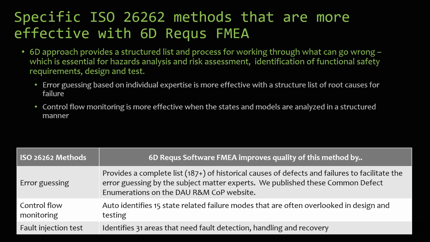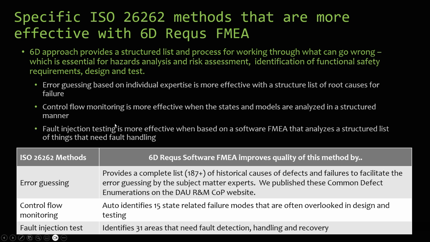Control flow monitoring is more effective when the states and models are analyzed in a structured fashion. And fault injection testing is more effective when based on a software FMEA that analyzes a structured list of things that need fault handling as opposed to a more ad hoc fashion.